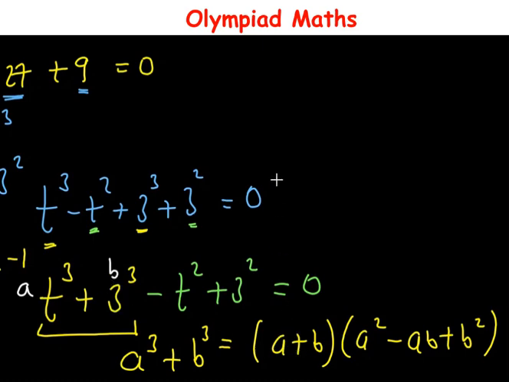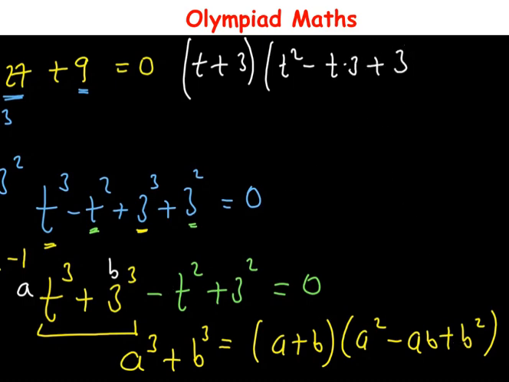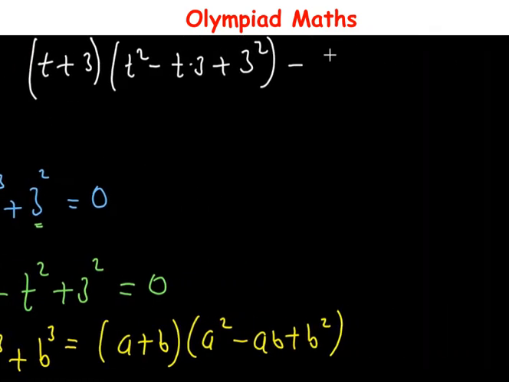So expanding this, we have it as in brackets a is t plus b is 3 multiplied by a squared, a is t, so t squared minus a is t times b is 3 plus b is 3, so 3 squared. Then we have minus t raised to power 2 plus 3 raised to power 2 is equal to 0.